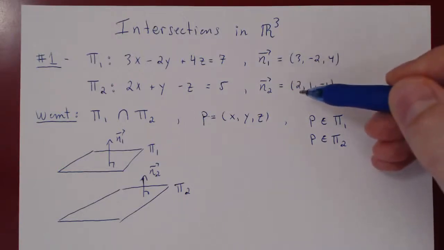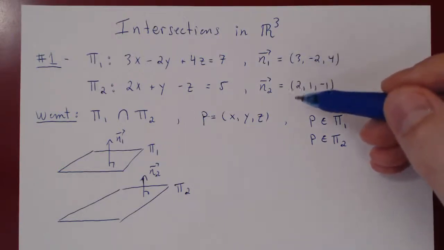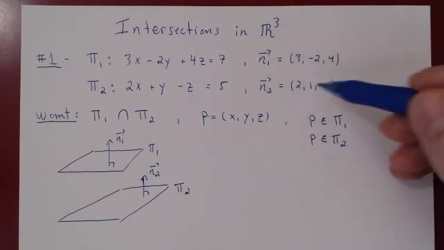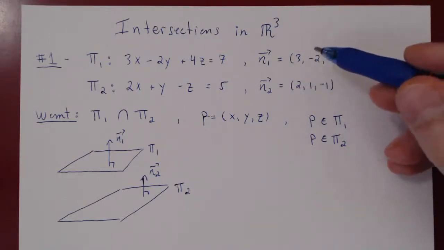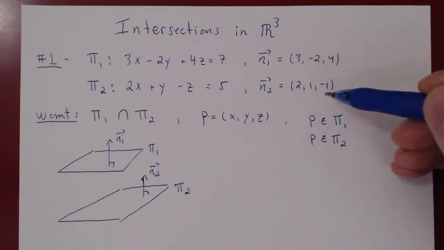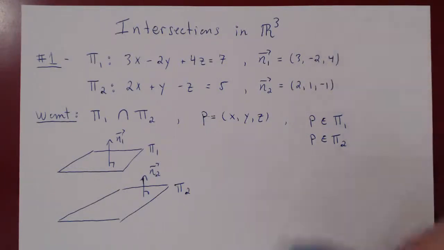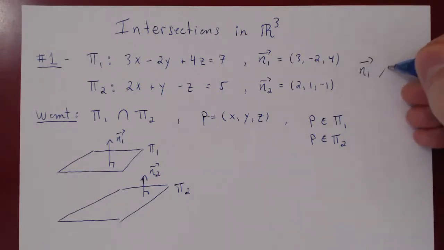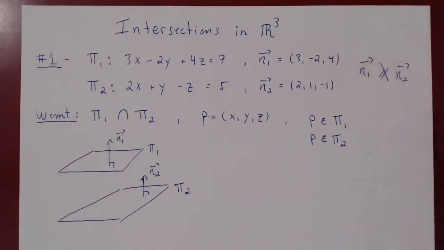Well, what times 2 is 3? It's 3 over 2. But clearly this vector n1 is not 3 over 2 times n2, because 3 over 2 times 1 is 3/2, which is not negative 2. And 3 over 2 times negative 1 is negative 3/2, which is clearly not 4. So clearly here, the two normal vectors are not parallel. So our planes are not parallel.